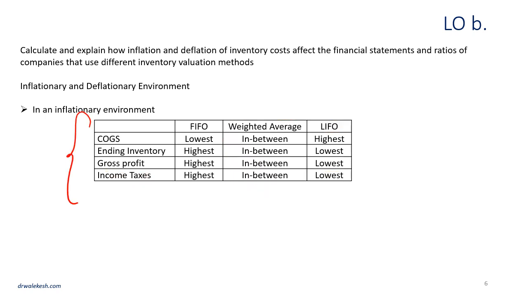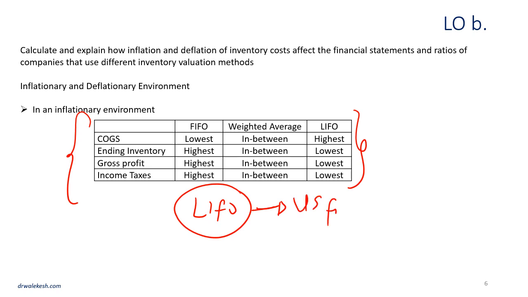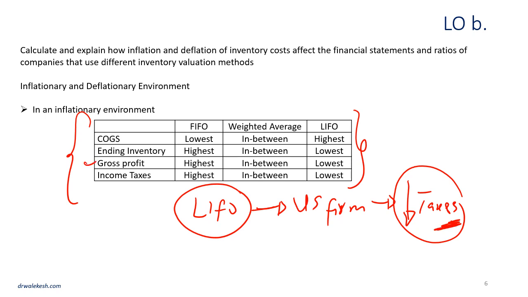How do we remember this? A better way to remember this is from the perspective of LIFO. Think of LIFO as the method used by US firms to reduce the income taxes that they pay. For income taxes to be low, that implies that gross profit will also be low, because for you to be paying lower taxes, that means you have made a lower gross profit.